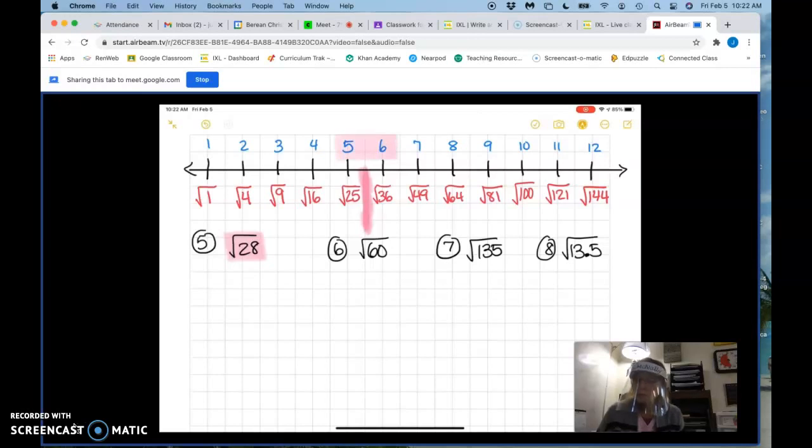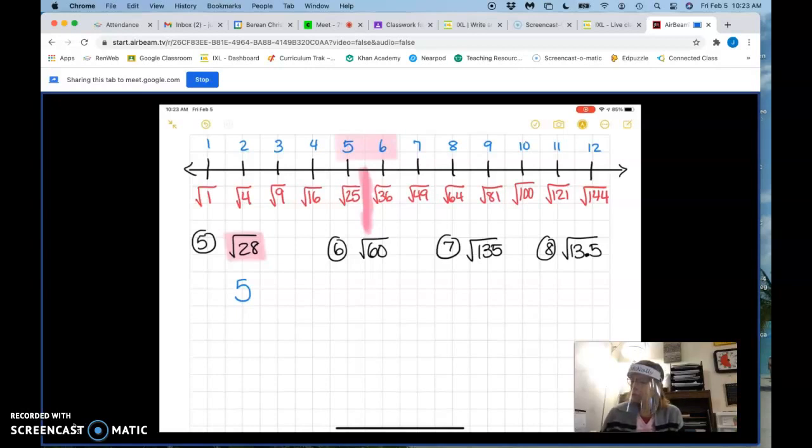So if I want to estimate the square root of 28, I'm going to say it's closer to 5. Because 28 is closer to 25 than it is to 36, right? Yep. Okay, so does that make sense how I did that?